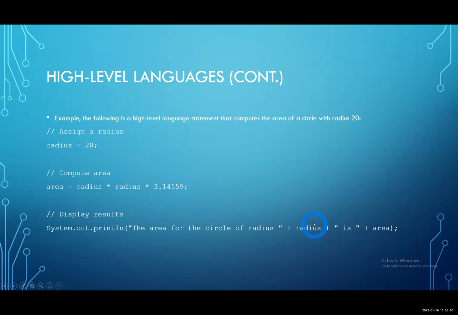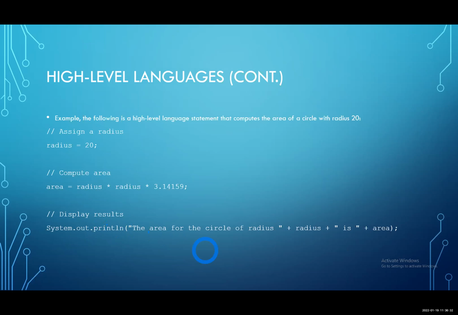If I want to display these results to the console, which we'll learn about later, system.out.println. Well, I guess we're printing something to the system, and we're going to print the stuff inside these parentheses. A little bit easier to read.